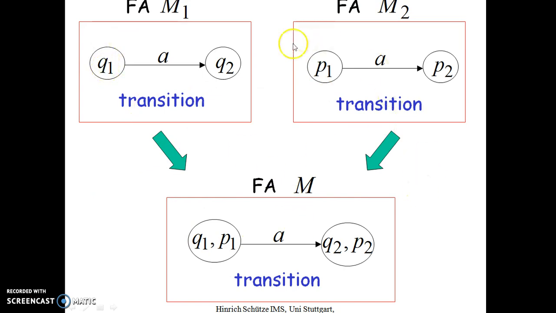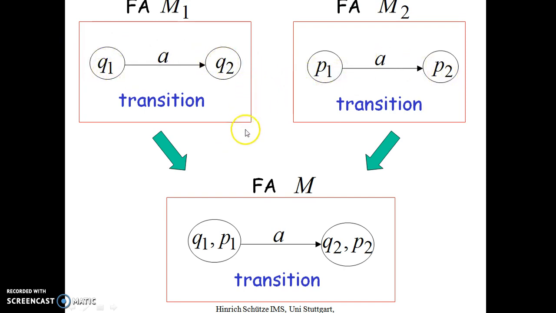And the final state will be the final state of this and the final state of this together. And for the transition, if I have a transition on A from this to this and also from this to this, then only I should add the transition. Here I have a transition on A from Q1 to P2 and P1 to P2.